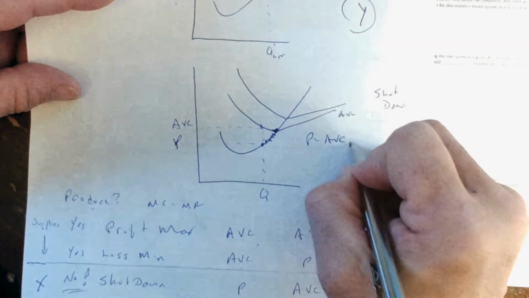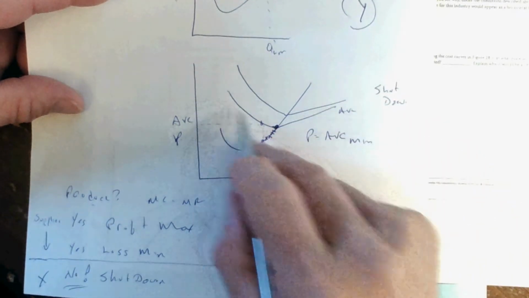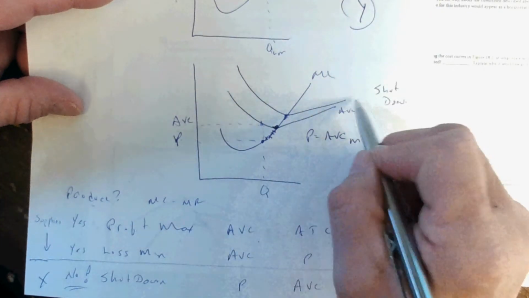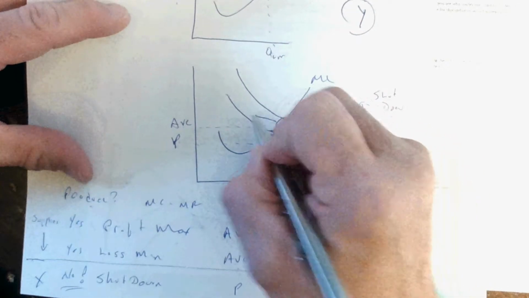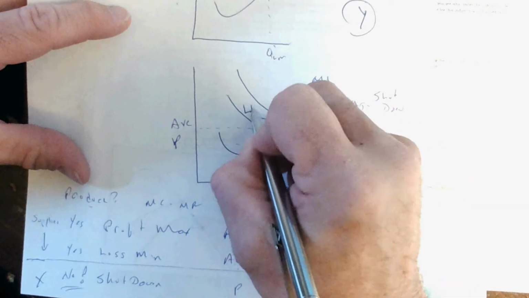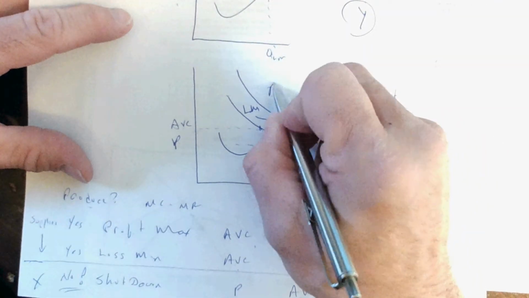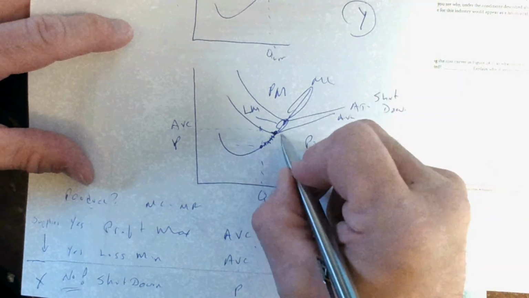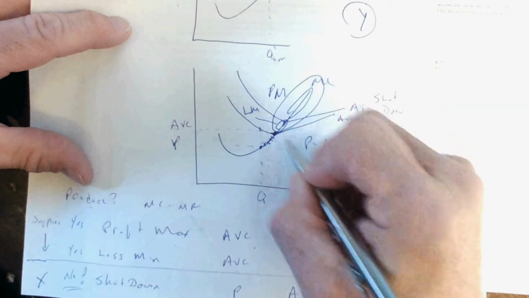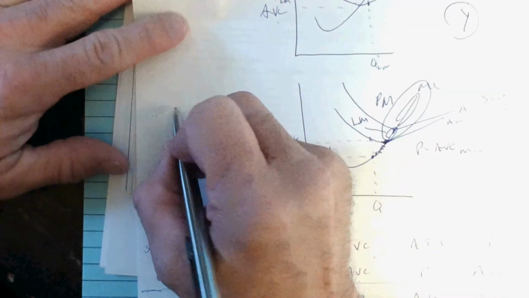The firm will start to produce where price equals average variable cost min, because we know that average variable cost minimizes where it crosses marginal cost, and average total cost minimizes where it crosses marginal cost. The firm will produce here and profit and loss minimize, and here the firm will produce and profit maximize. So the supply curve for the individual firm is the marginal cost curve above average variable cost min.